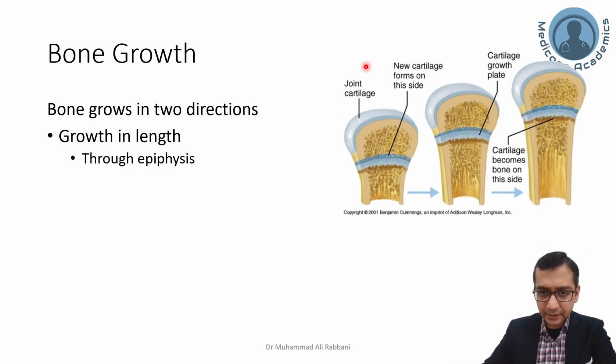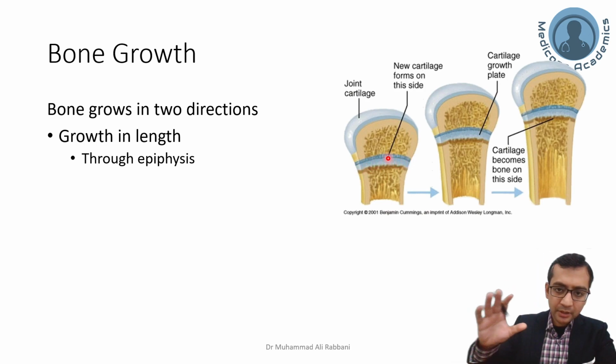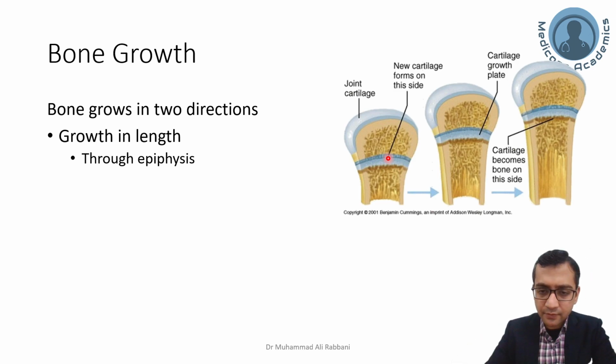The growth in length is brought about by epiphyseal cartilages. These are basically the remnant of the original embryological cartilaginous framework, present between the epiphysis and the diaphysis. It has a reserve of cartilage that is continuously multiplying and dividing.